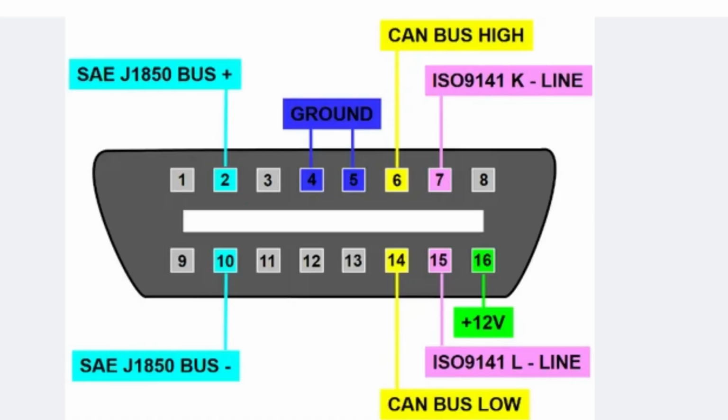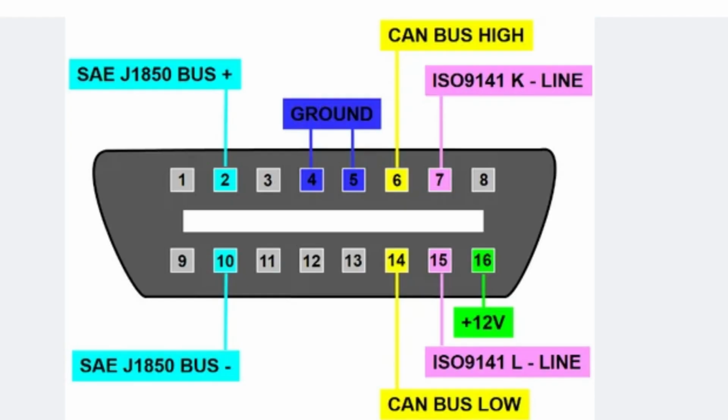And we shall begin with the physical layer. This protocol operates over one bidirectional wire known as the K-line, with an optional line known as the L line. And this line is only used for system wake-up or initialization.